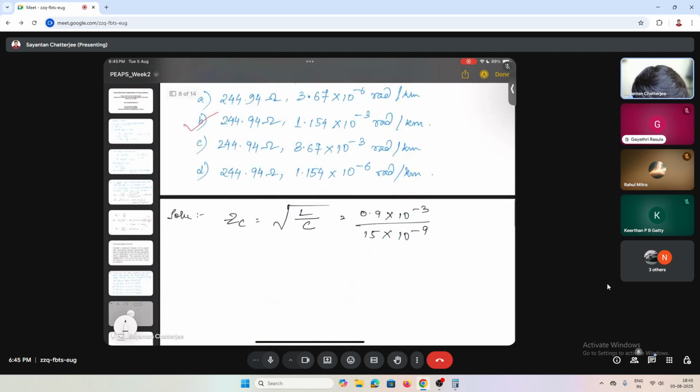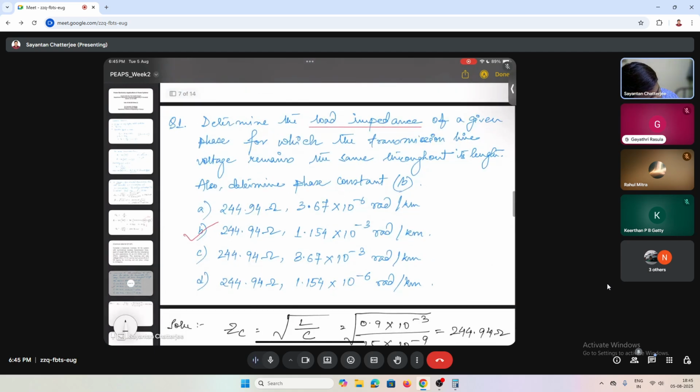If we do this, you will get the value as 244.94. So this was the first one, and determine the phase constant beta.